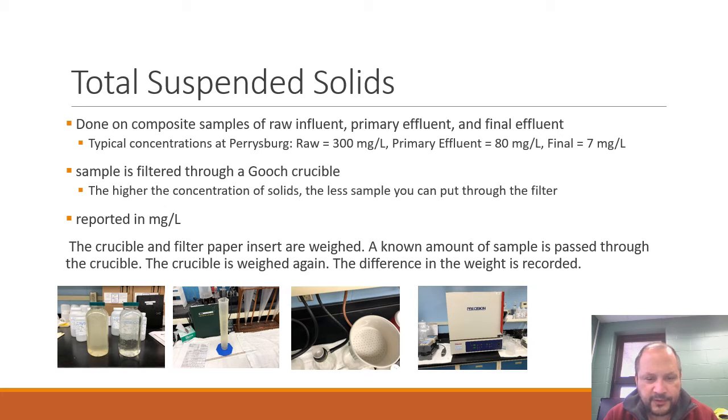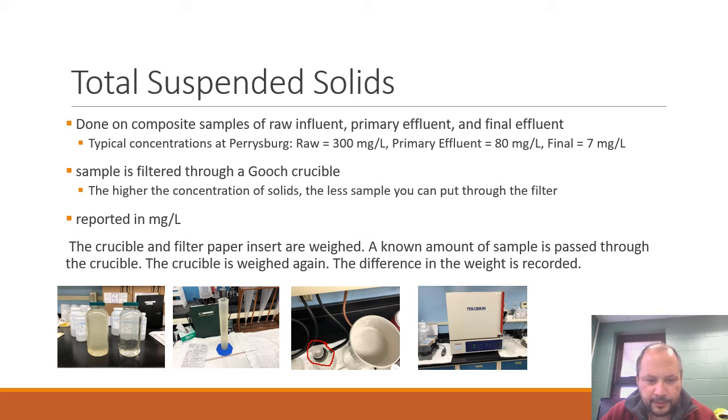So this test is done by passing a sample through what's called a Gooch crucible, which if you look at the picture in the middle is the little, real small dish here. There's a little paper filter in the bottom of that. The bottom of the crucible has holes for the water to pass through.